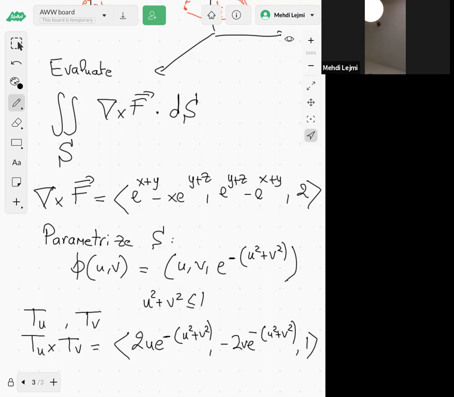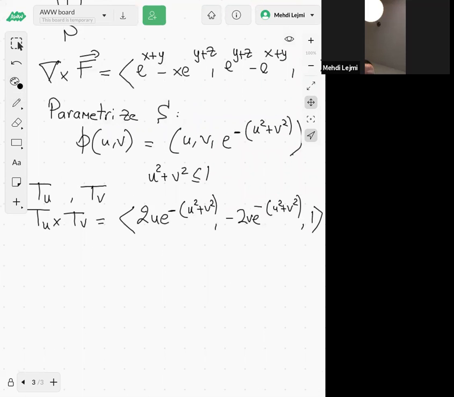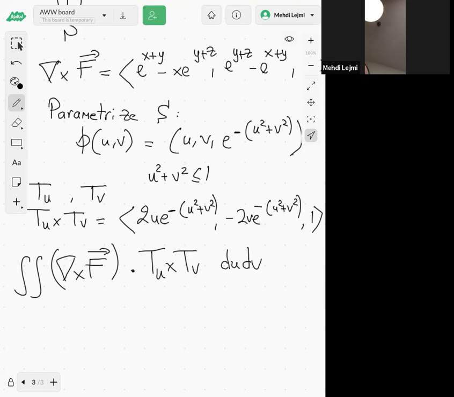And now the double integral is going to be very hard to compute, because we're going to have this curl of F, scalar product with this tu cross tv, du dv. Of course, the domain here is again u squared plus v squared less than 1.